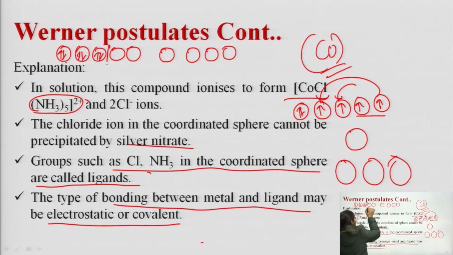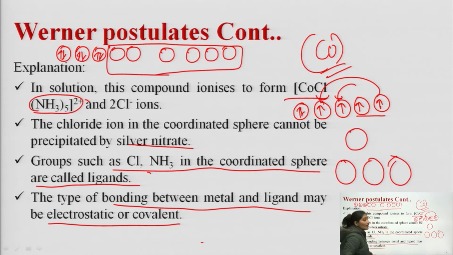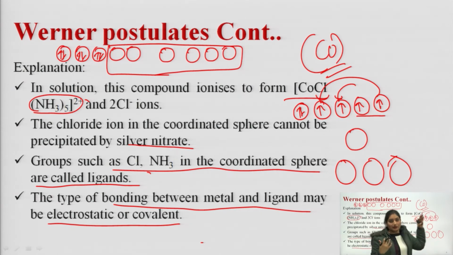So, these vacant orbitals can have attachment sites. At these points there can be association, there can be attachment of certain ligands or certain molecules. So, these vacant orbitals are known as the coordination number.